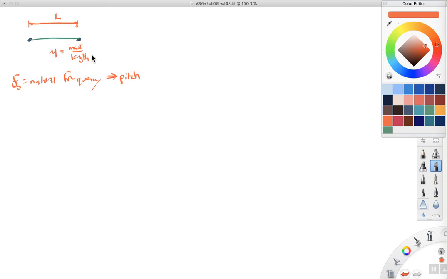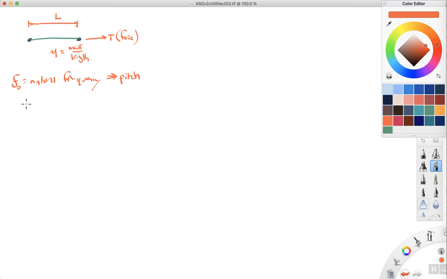And that can be adjusted by either making a thicker string or by making a string of some more dense material like gold instead of hair. And the third thing that it depends upon is the tension that you're keeping the string under. So if, for instance, you had a string with a pulley and a weight suspended, that weight would produce a tension. I'm omitting that here and just talking about the tension. This is the force under which the string is being pulled.